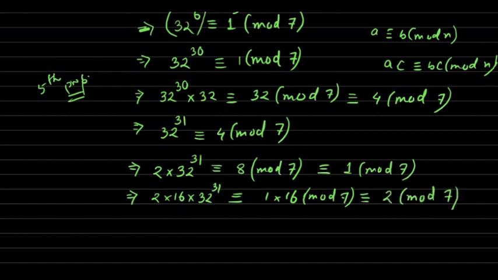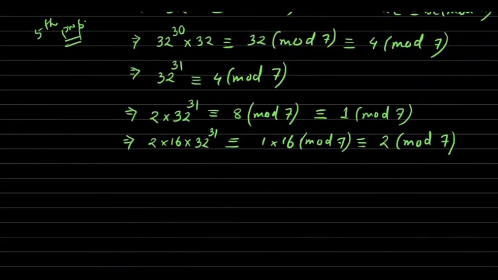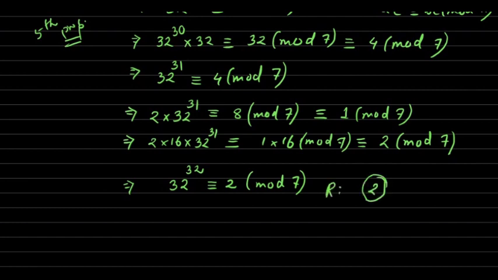Why? Because 16 minus 2 is 14. 14 is divisible by 7. So I think we are done, because this value will be 32 into 32 to the power 31, which will be 32 to the power 32 is congruent to 2 mod 7. That means our remainder value will be 2.